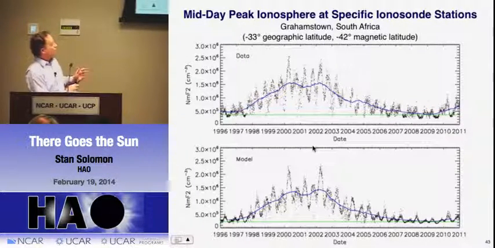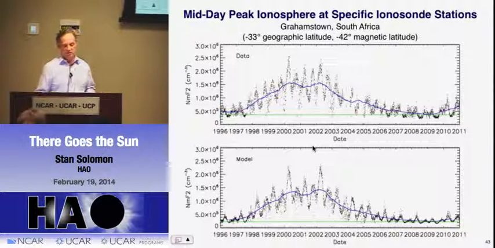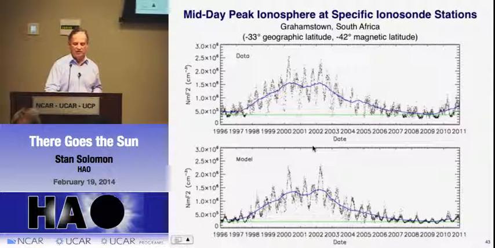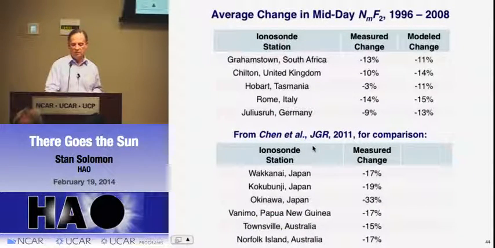And this is just one ionosonde that we analyzed, but we find that the ionosondes and the model prediction for that location are pretty much on the same page, and the decreases are on the order of 10 to 15%. Here's a summary. Some of the ionosondes we looked at measured changes running 10 to 15%, similar to what the model predicts for that location.